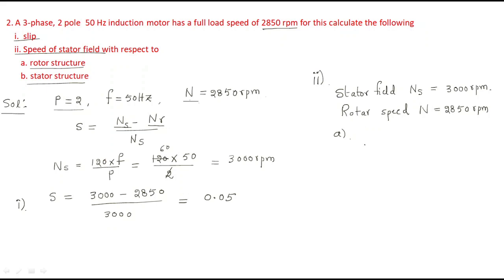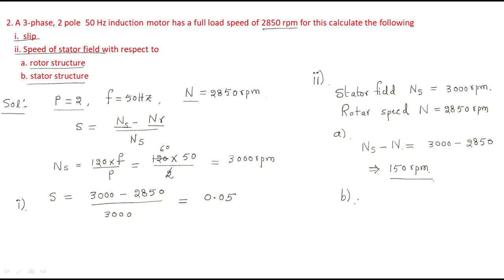We can write it as Ns minus N. What is Ns? It is 3000. Then the first answer is 150 rpm. The speed of the stator field with respect to the rotor structure is 150 rpm.